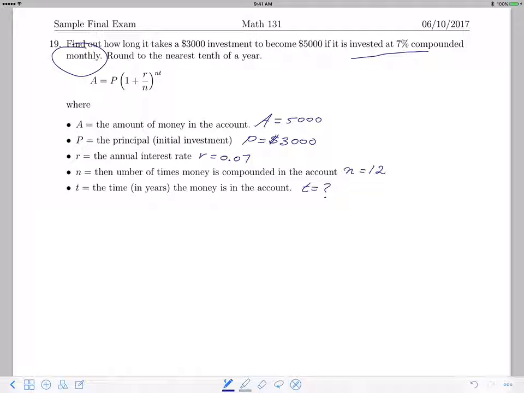So from this equation, we're given 4 of the 5 values. A, P, r, n are all given, and t is the unknown. So let's plug in everything. 5,000 equals 3,000 (1 plus 0.07 over 12) to the power of 12t.